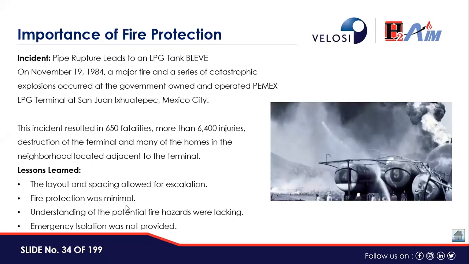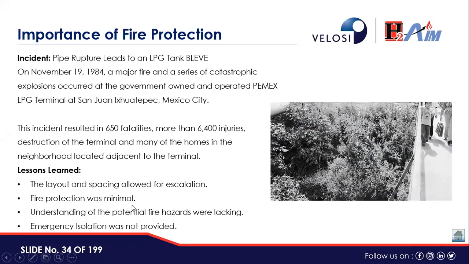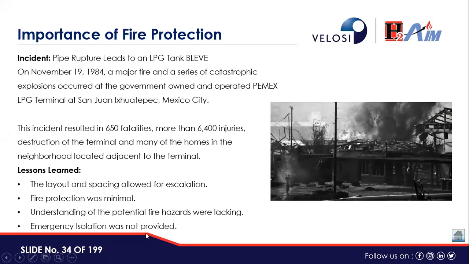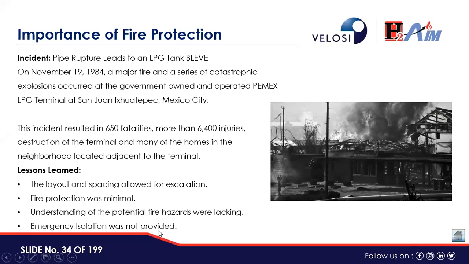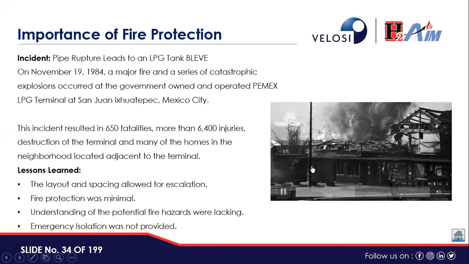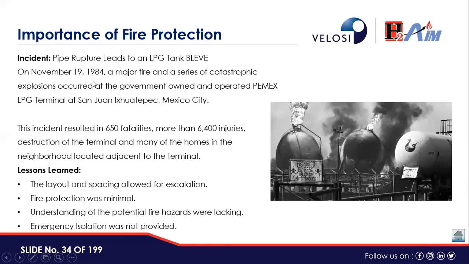The fire protection was minimal, and systems were not installed. Understanding of the potential fire hazard was lacking. Emergency isolation was not provided. These were the 4 reasons for this particular disaster which took place in Mexico, not very far away, in 1984.